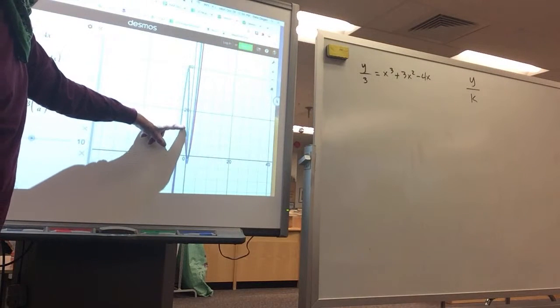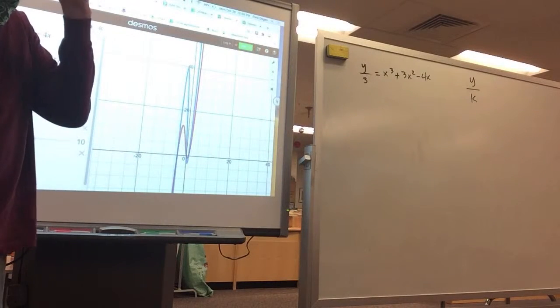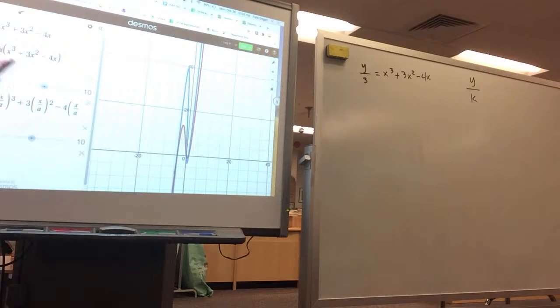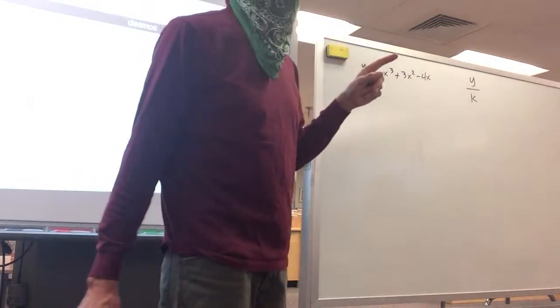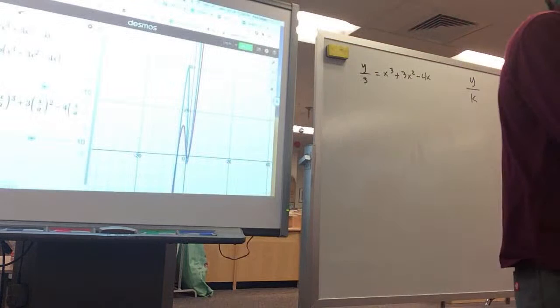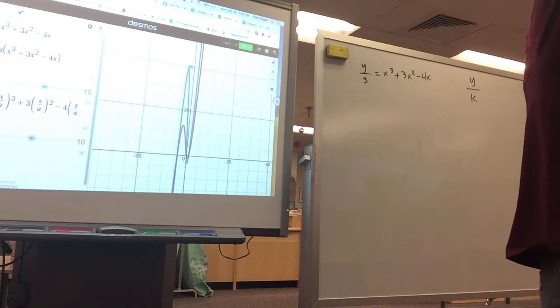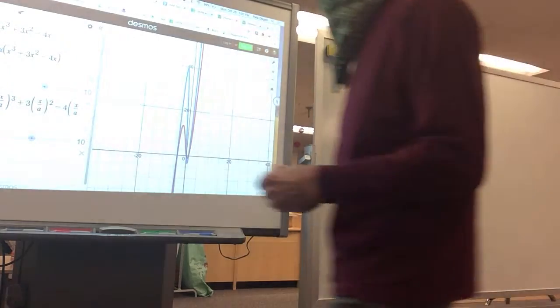So this must not be quite 14. This is probably 13 becomes 39, something like that. So what k will do when we take the y divided by k is make the distance that the graph is away from the x-axis k times as far.